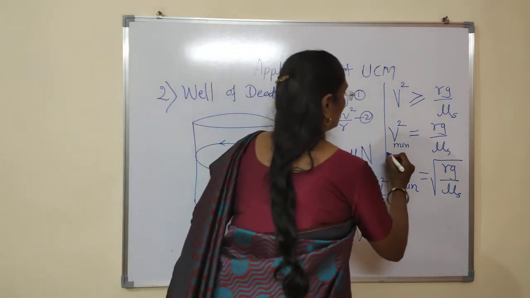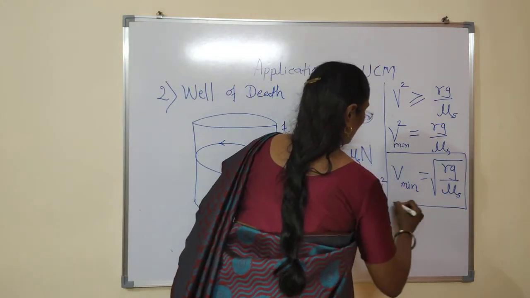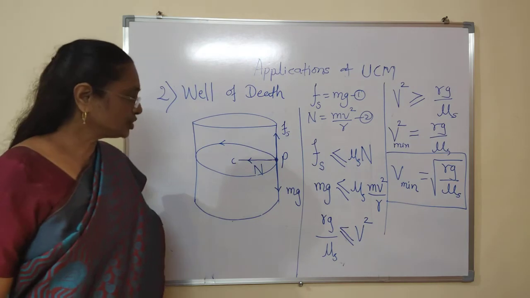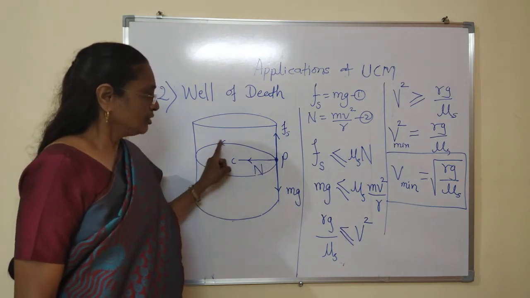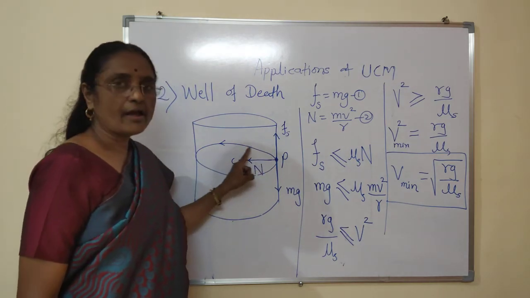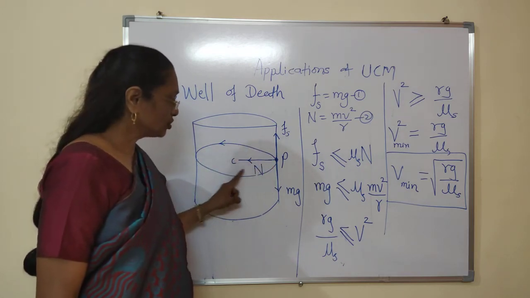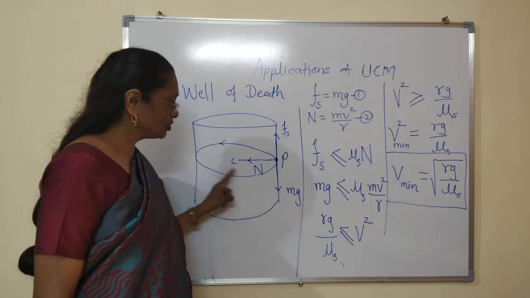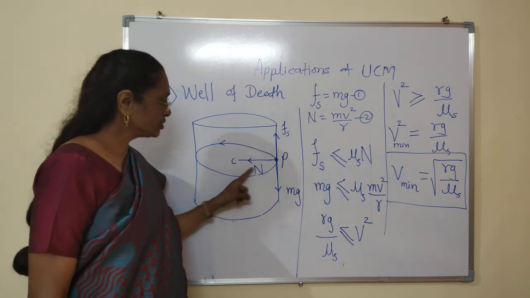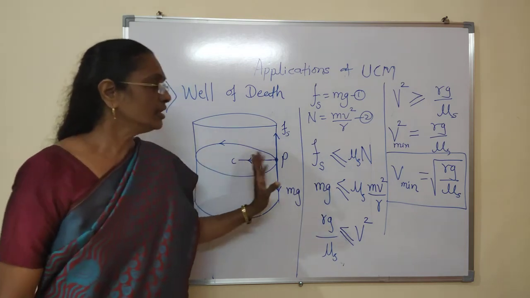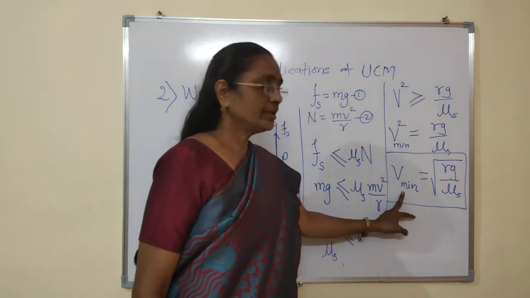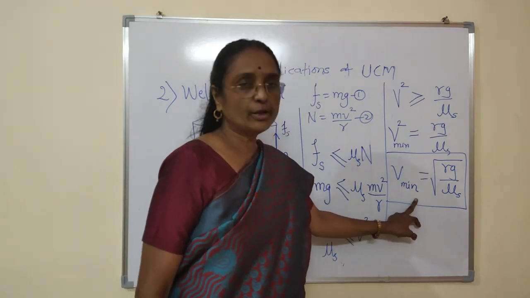So this is the minimum value of velocity with which the motorcycle has to undertake the horizontal turns, the horizontal circle here. He has to complete the horizontal circle by taking this minimum value.